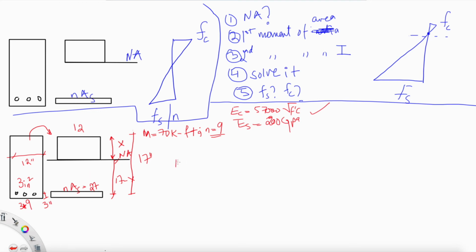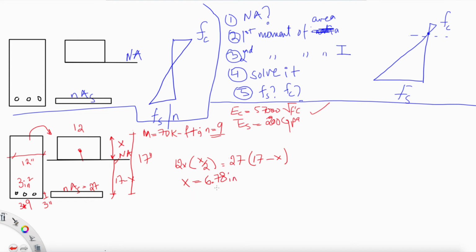So 12x is the area multiplied by the distance from its centroid to the neutral axis, which is x over 2, and it should equal the area 27 multiplied by the distance 17 minus x. Simply solve for x, which is equal to 6.78 inch.